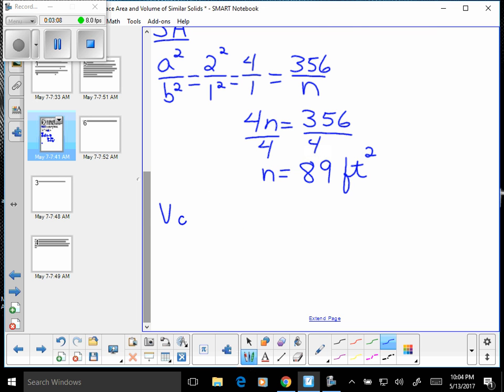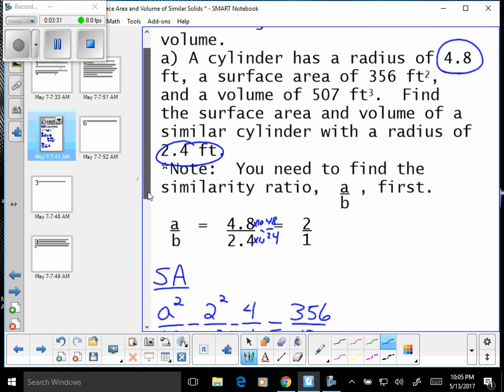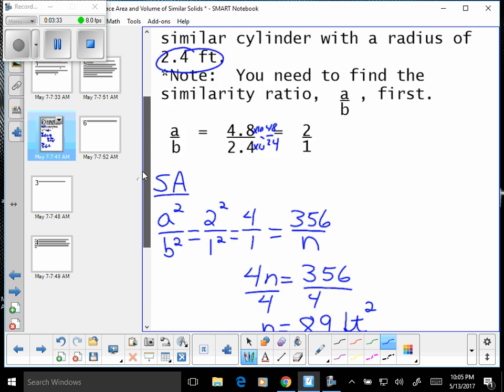The second thing they want me to find, actually the third thing, is to find the volume. Now volume is cubed, so I'm going to take A cubed over B cubed, which means I'm going to take 2 to the third power over 1 to the third power. 2 to the third power is 8, 1 to the third power is 1. My known volume back over here is 507.